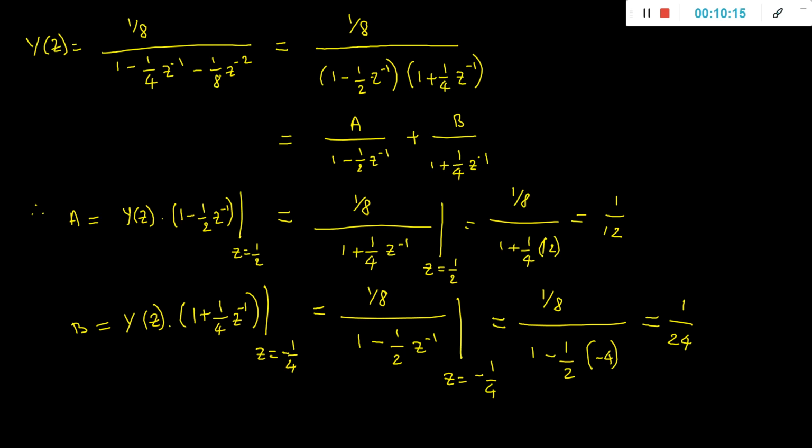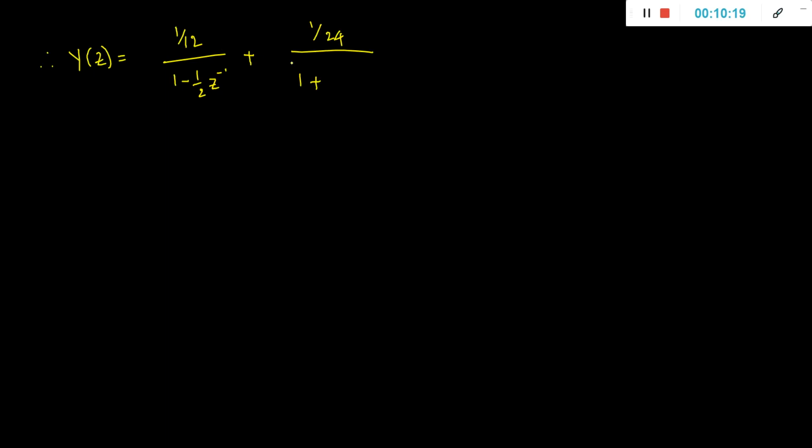So I'm going to write that down: 1 minus half z inverse, plus b. b was evaluated as 1 by 24. So I'm going to write that now: 1 by 24 divided by the denominator, which is 1 plus 1 by 4 z inverse, that is z to the power minus 1. So this is what we get.